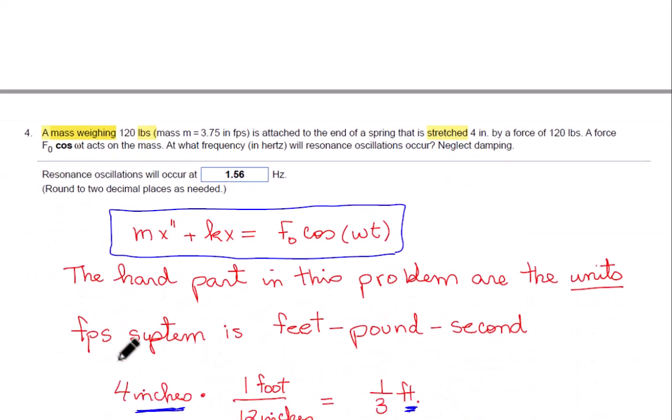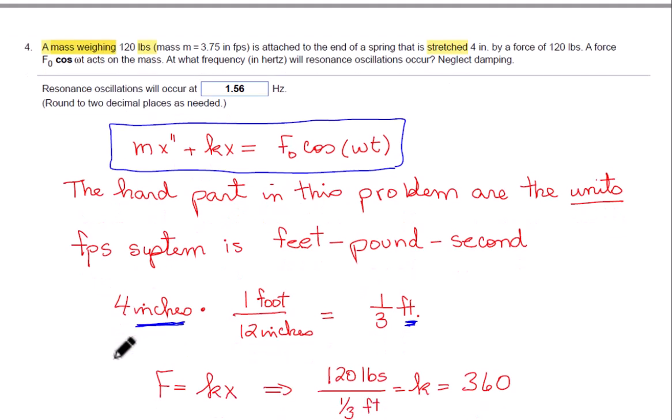And let's see, looking at question 4 here, we have a mass. It has 120 pounds, and they're giving me that its mass in this particular system of feet, pounds, and seconds is 3.75. So we don't have to do any kind of weird conversions.